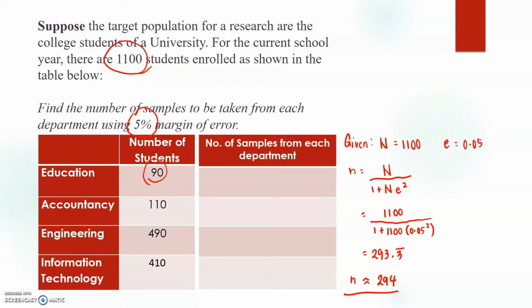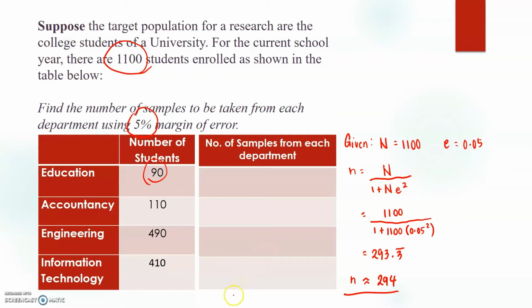So we have 90 divided by 1,100, which will give us approximately 0.08. I hope you have your calculators with you right now, so you can follow the discussion.